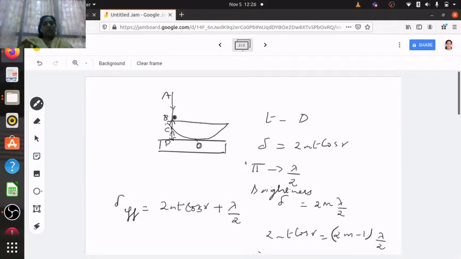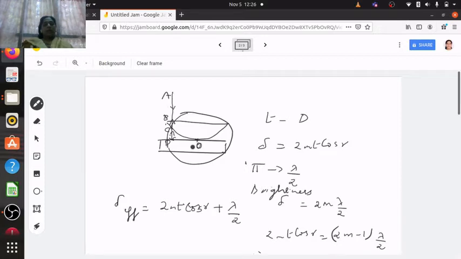When we draw a circle here, the radius will be from O to this particular point. So a bright or dark ring is formed according as the point D is bright or dark. The thickness of the air film increases as D moves outwards from the center O, so alternate dark and bright rings concentric with the point O will be formed.